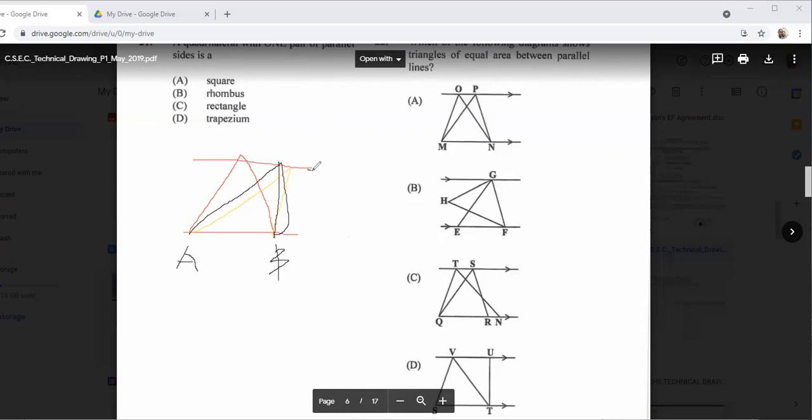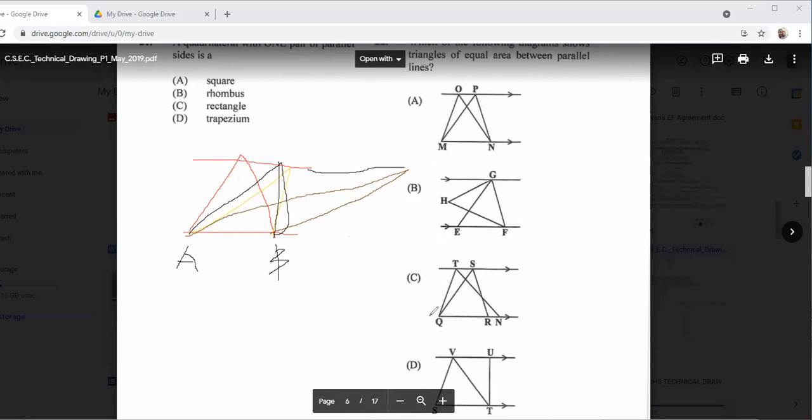Even if we extend this all the way out to there, and we have here going all the way out there and coming back to touch this section right here, once the height is the same, they all share the same area. So we have 1, 2, 3, 4 triangles having the same area.